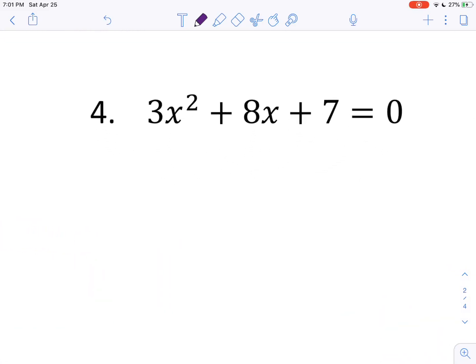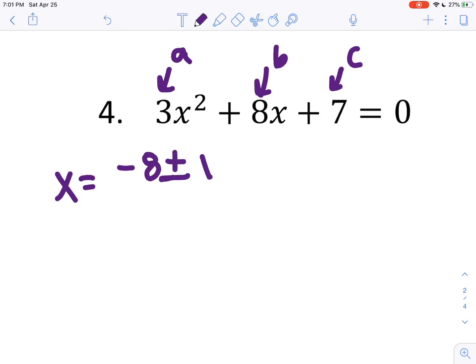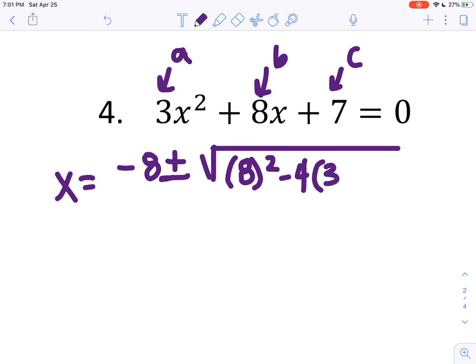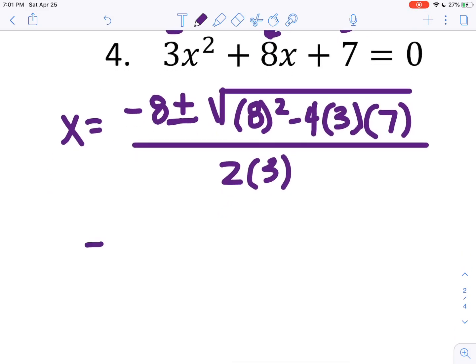Okay, and then this last one, already in standard form for us. Here's my a, here's my b, here's my c. So x equals the opposite of b, so I get negative 8 plus or minus the square root of b squared minus 4 times 3, which is a, times 7, which is c, all over 2 times a, which is 3.